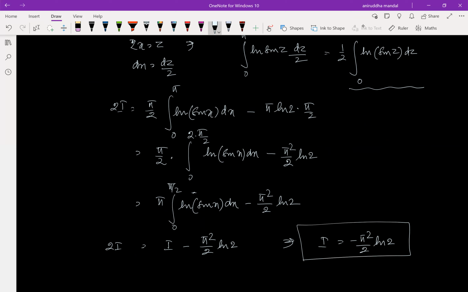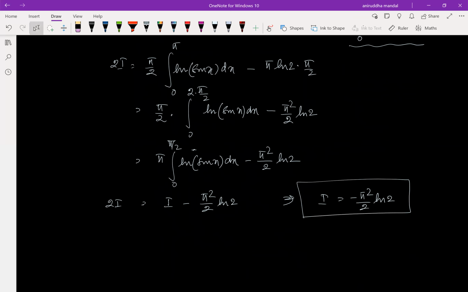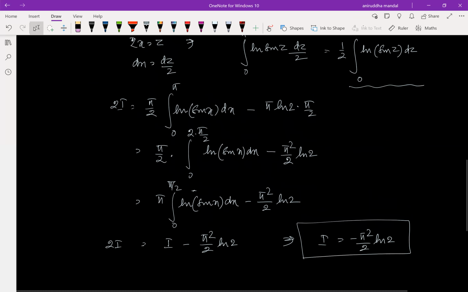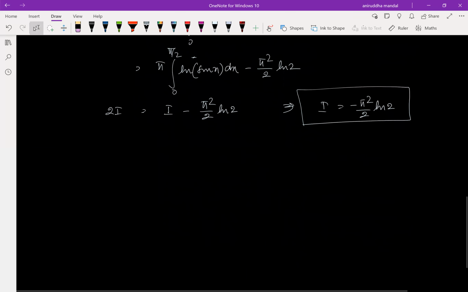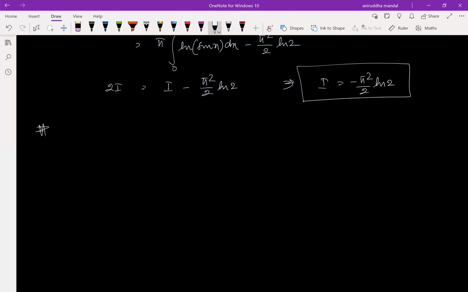So a similar type of problem can be written as, say, let's write the integral from 0 to pi by 2 of ln of tan x plus cot x.